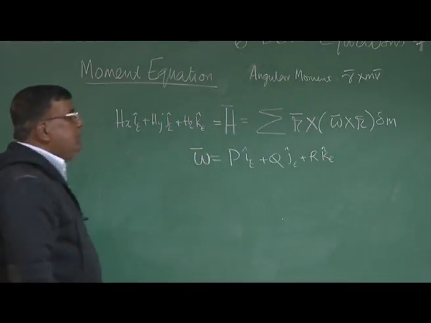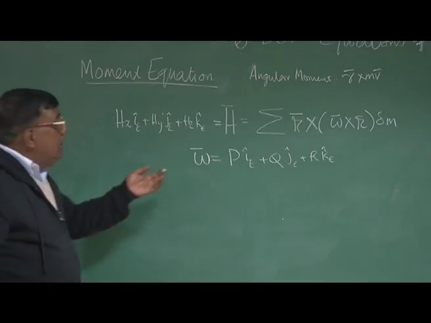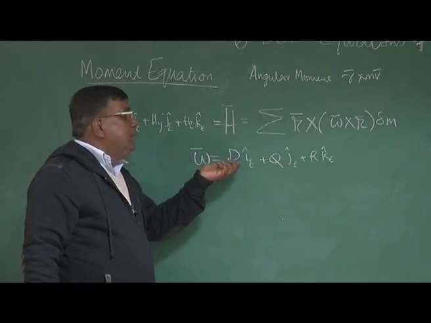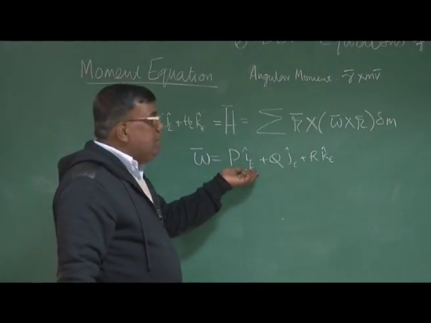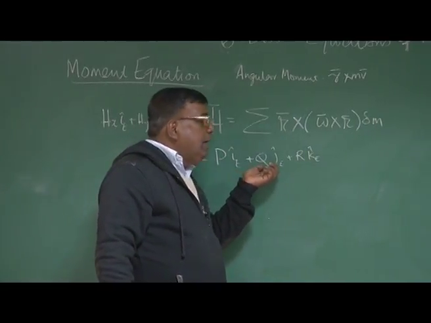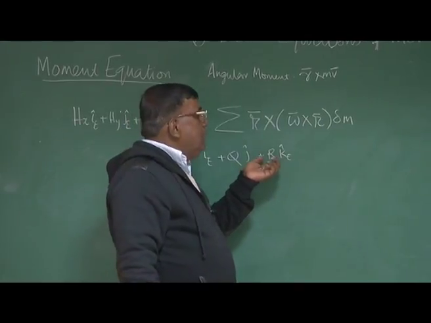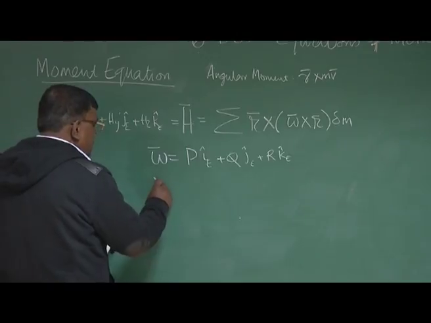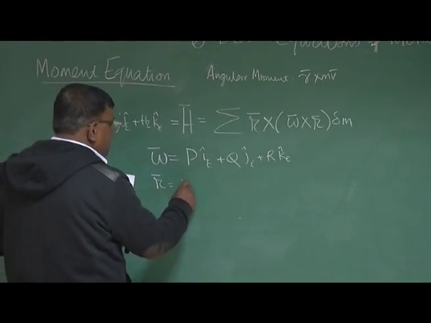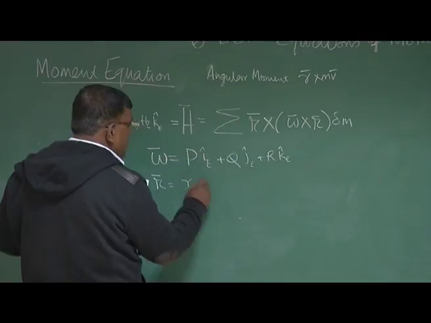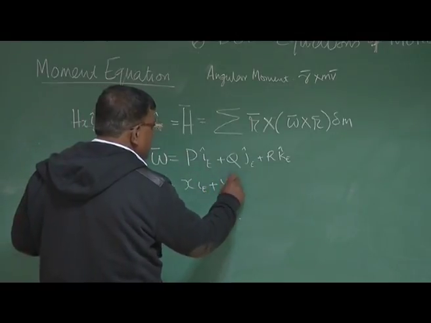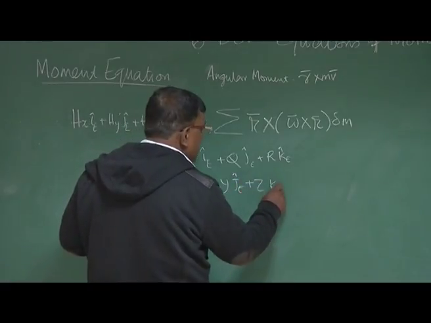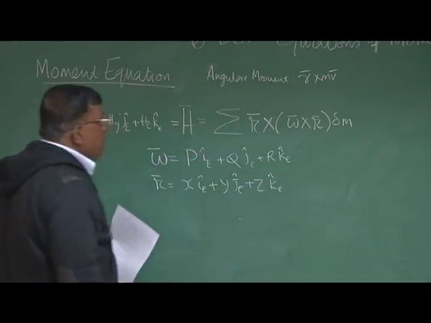What is the meaning of this expression? This is the angular velocity which has a component P along the Earth's fixed x-axis, Q along the Earth's fixed y-axis, and R along the Earth's fixed z-axis. Similarly, I can write r as x IE plus y JE plus z KE bar.